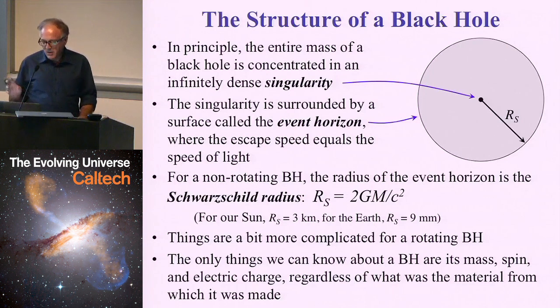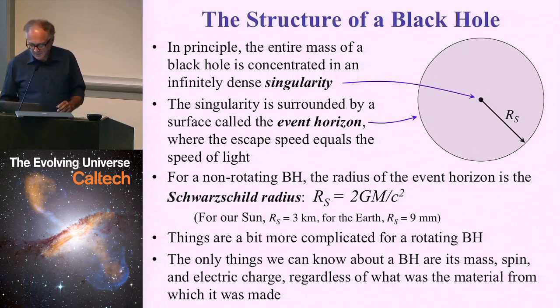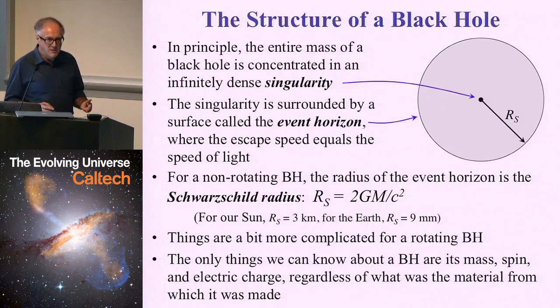And the only other thing you can possibly know about a black hole is electric charge. But since positive and negative charges seem to be mixed very well, usually that's not important. And since you only know 3 numbers, it doesn't matter what the black hole is made of. Stars, gas, dark matter, pineapples, cars, TV sets.